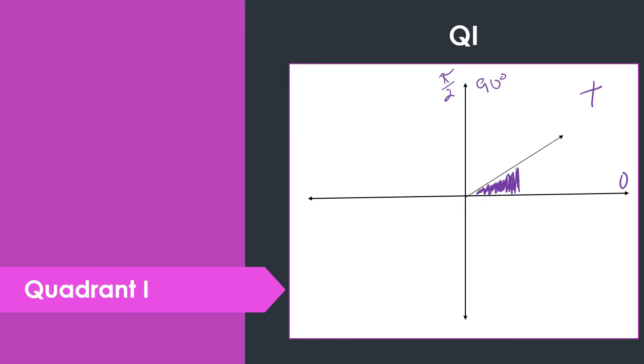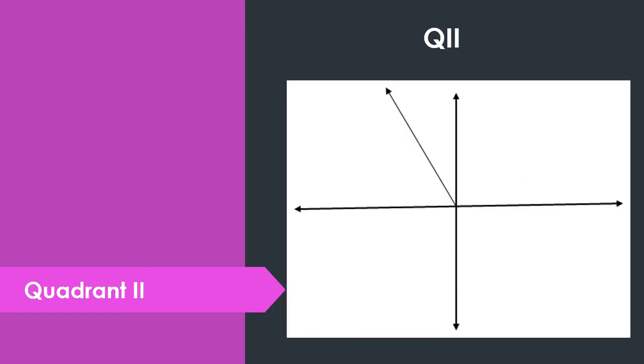All right, moving on to quadrant 2. If you make an angle that's made with the positive x-axis in quadrant 2, it is going to be this angle right here. So, for instance, if I give you an angle measure of 129 degrees in standard position, that basically means that the angle from the positive x-axis around to your terminal side was 129 degrees.